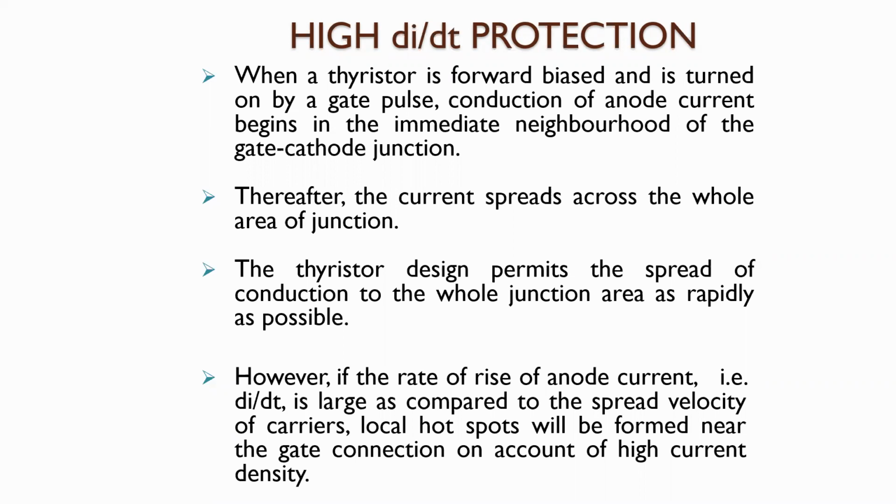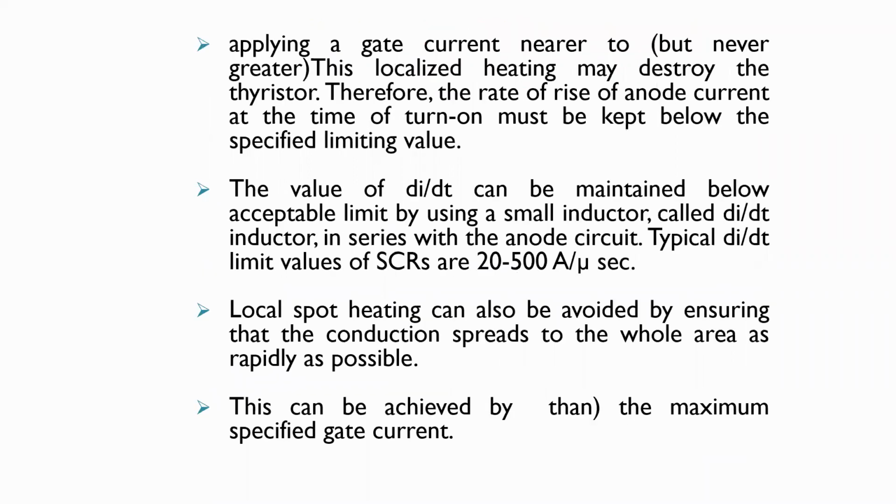However, if the rate of rise of anode current, di/dt, is large compared to the spread velocity of carriers, local hot spots will form near the gate connection on account of high current density. This localized heating may destroy the thyristor.